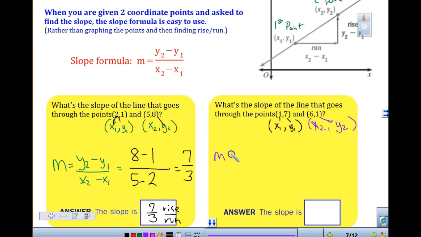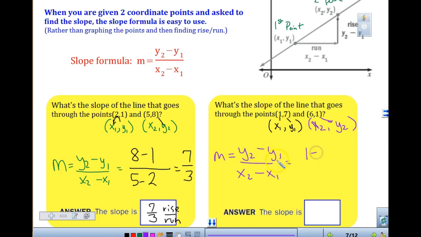We are going to write our formula for slope. Y sub 2 minus y sub 1 over x sub 2 minus x sub 1. As we look at that, Abby, what are you going to use for y sub 2? 1.